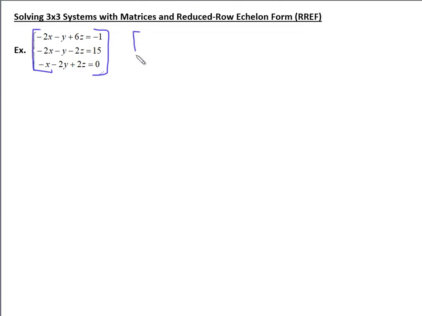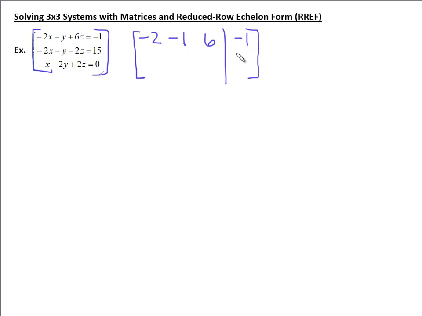Okay, so we're going to do our rows here and columns and just the coefficients. That's all we need. So we've got negative 2 for x, negative 1 for y, positive 6 for z, and that's negative 1 at the very right. So I like to draw on this vertical bar. It's not really necessary. You won't see it when we input it in the calculator.